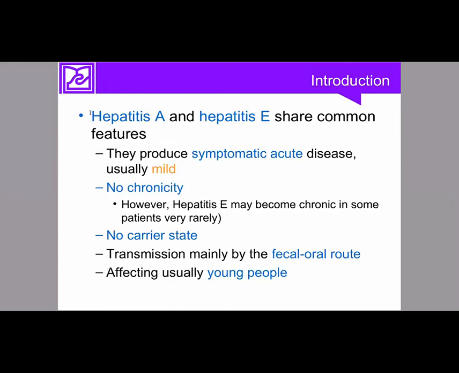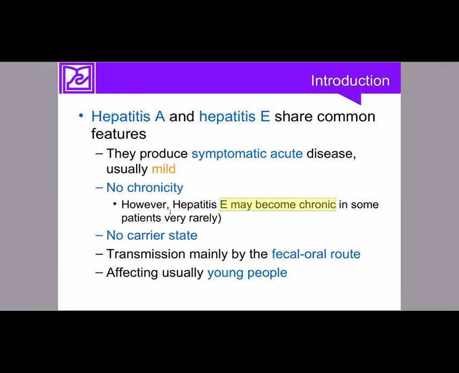So hepatitis A and E share common features. They cause symptomatic disease. This is not so common for hepatitis B or C. Symptomatic disease, usually mild. They do not become chronic. However, in the last few years, we know that some immunocompromised patients with hepatitis E may become chronic.